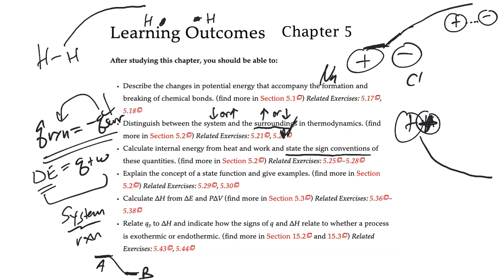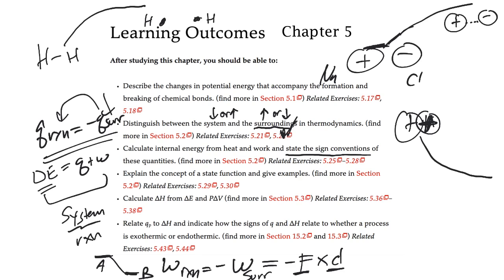W can be related to the energy of motion, so it's like a force times a distance. Usually when you think of this, you're thinking of the surroundings. If you want to apply a force to the surroundings so they move some distance, then your system loses energy as work, and that work goes into the surroundings. So the W of the surroundings is equal to the negative W of the system.